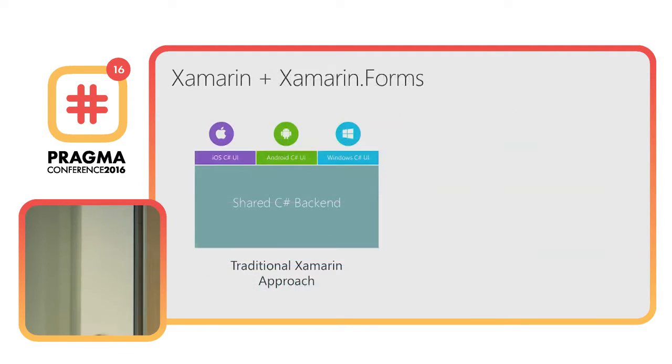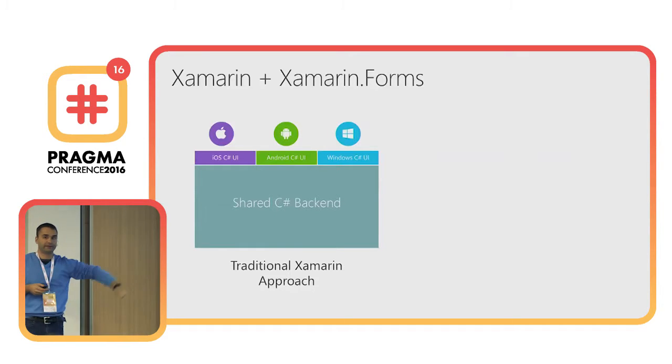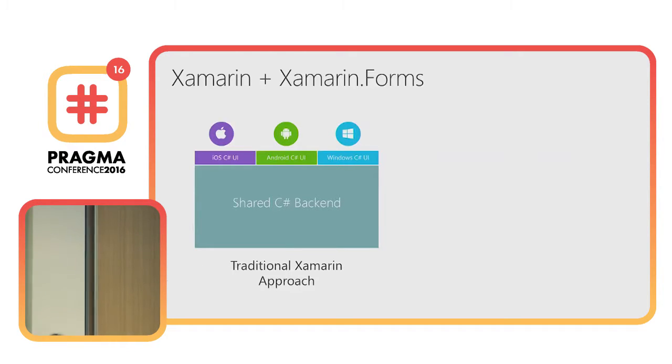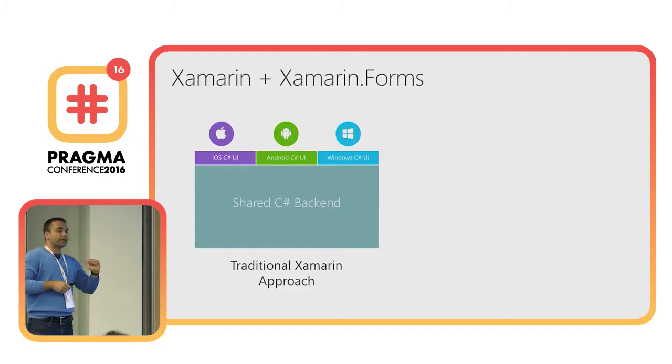What we can share right now on the mobile side is everything but the user interface. We can share the communication layer, everything we can do with HTTP client, which is a C# class that falls back to the native class on Android and iOS. We can share the data layer on all the operating systems, including Windows.